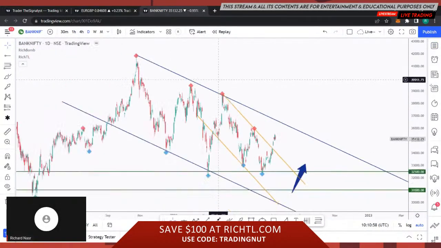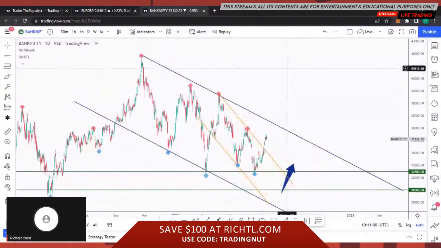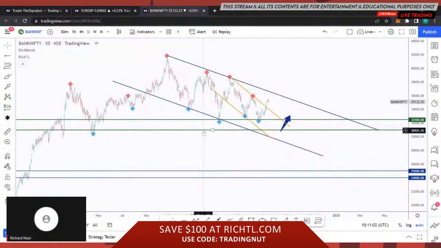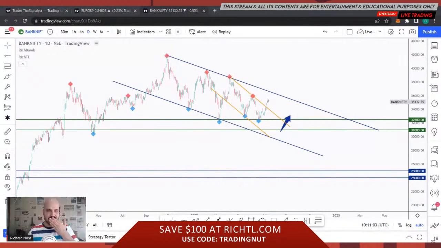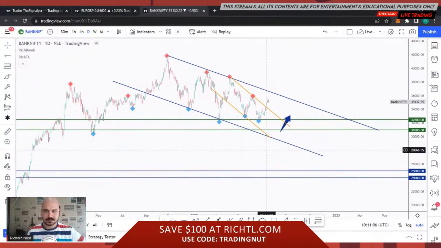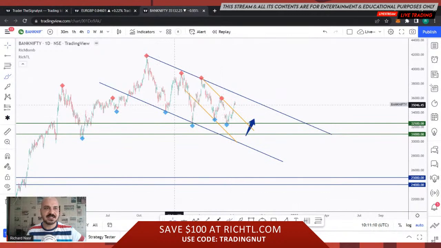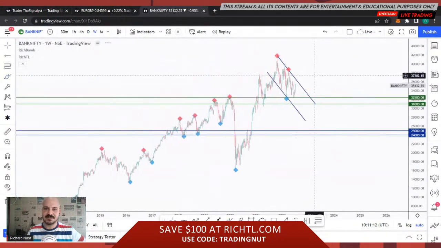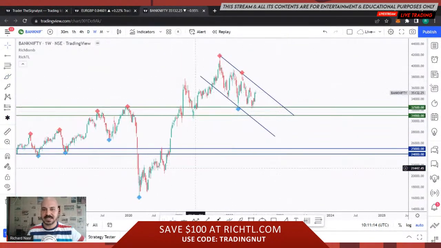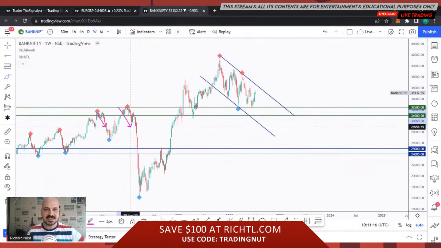So Bank Nifty, we are obviously just like US 500 trading inside this big channel. Let me turn on my camera for now. So we are bearish trading inside this big channel around the support area, which is in fact a massive support. We can clearly see multiple rejections previously from it, broken upward, support again and again.